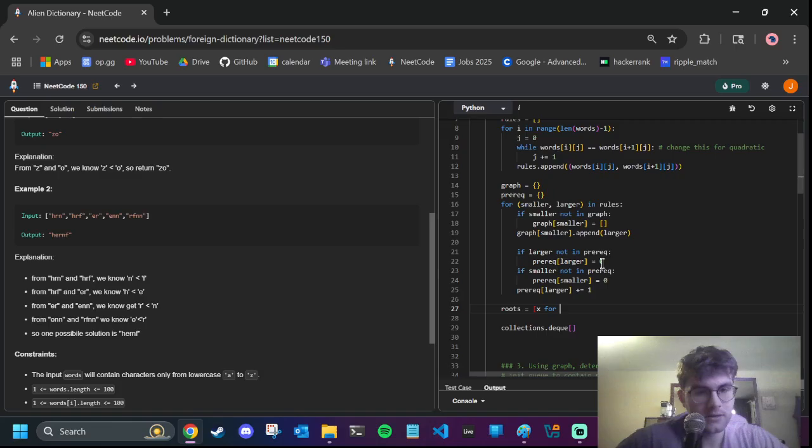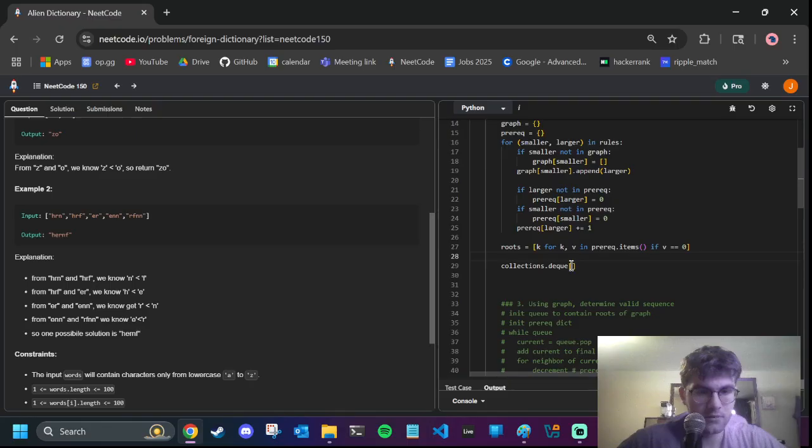It'll be x for x in prereq. I'm just going to do a list comprehension. So items gets us the key and value, and I'll just say if value equals 0. This will be an element and the number of prereqs it has. So if the number of prereqs is 0, then we'll have roots.